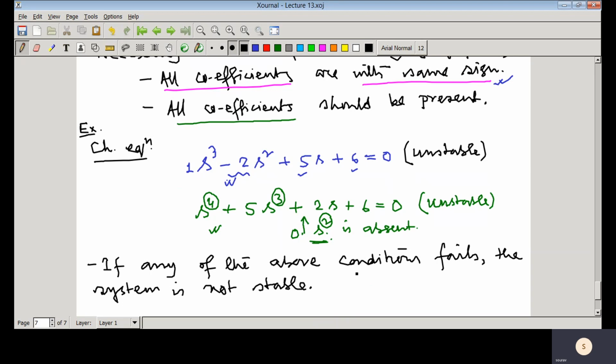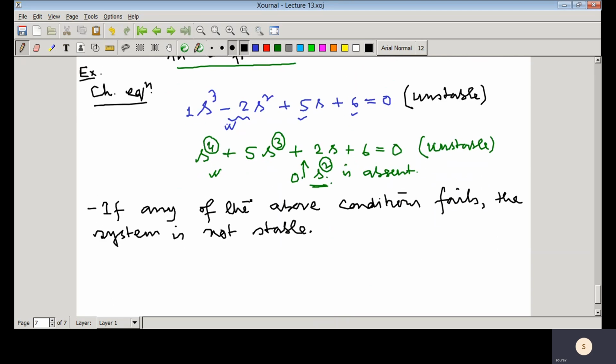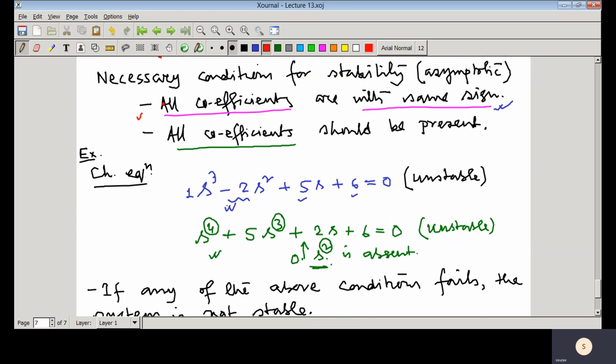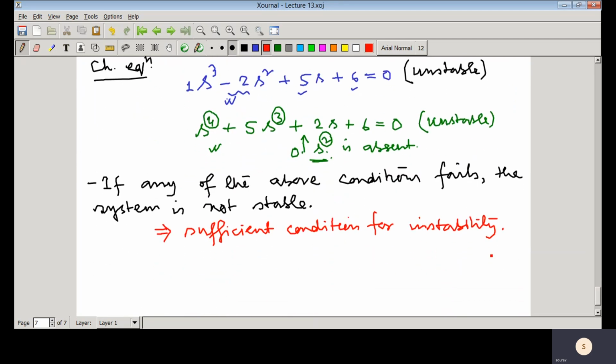So we can say that this is actually the sufficient condition for instability. If either the coefficients have different signs, or at least one coefficient is missing from the characteristic polynomial, then you can say the system would be unstable.